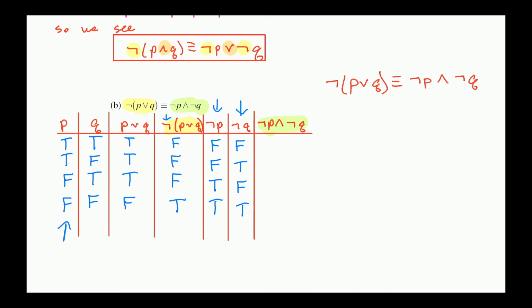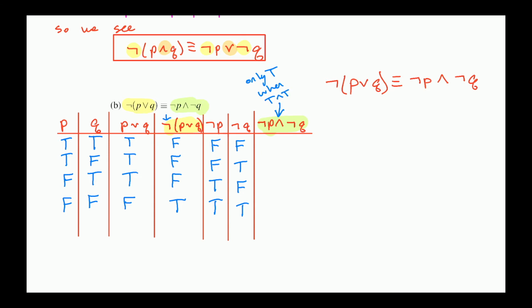And then we need to do an and between those. So we have to remember how an and works. An and is only true when you have a true and a true.